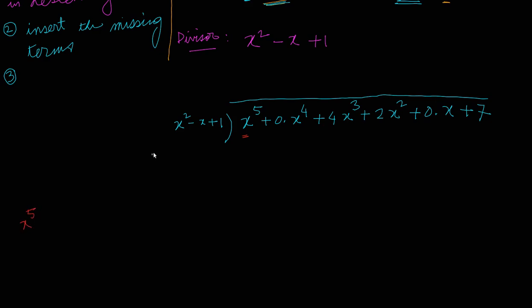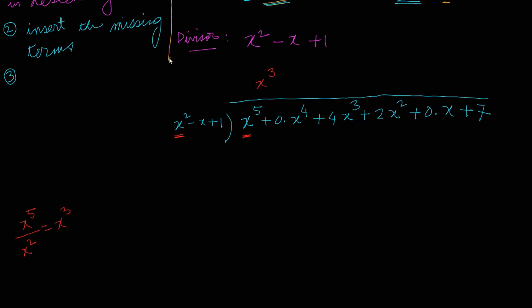I am going to divide the first term of my dividend by the first term of my divisor, which is x square. So x power 5 over x square. What am I getting? I am getting x cube. So write down this x cube over here.